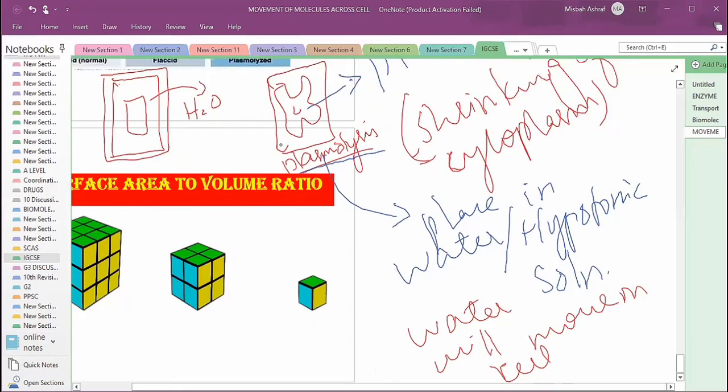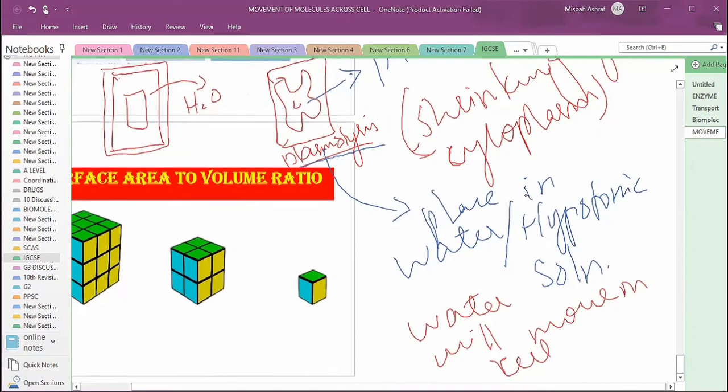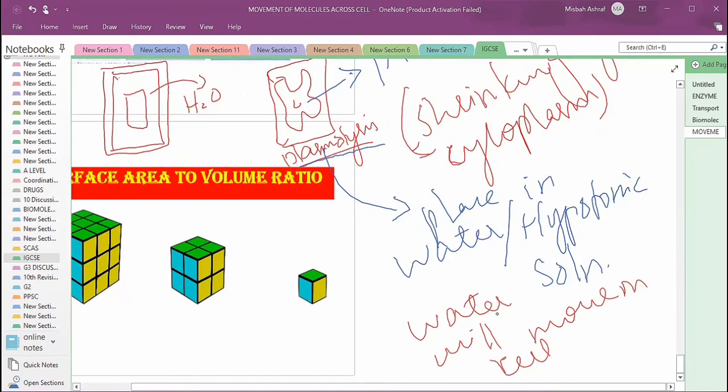If the plasmolyzed cell is placed into water or a hypotonic solution which has a high concentration of water, the water will start moving from outside to inside, and that will help the cell regain its original shape. That cell will be known as the deplasmolyzed cell. Deplasmolyzed means that its plasmolysis has been removed.